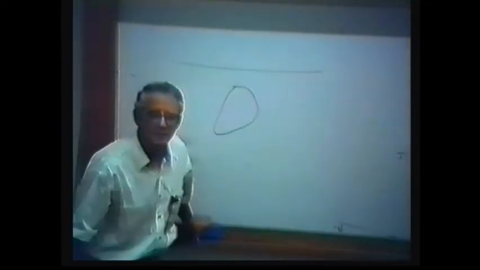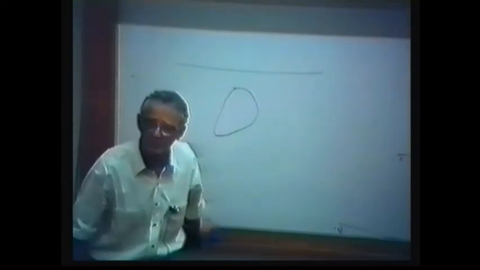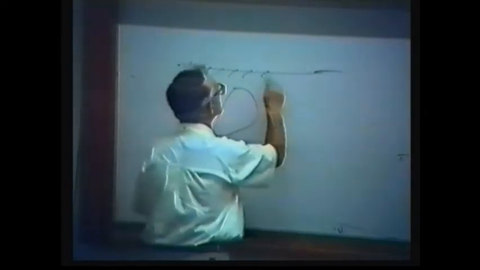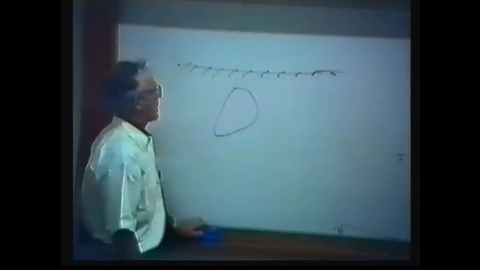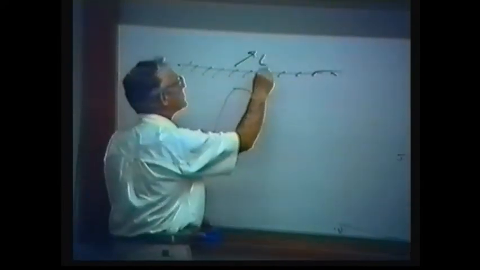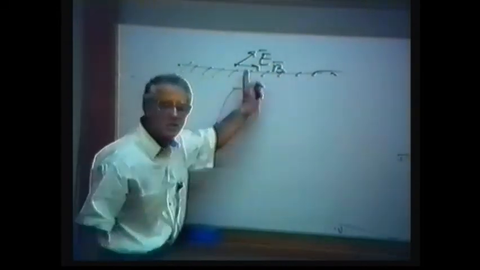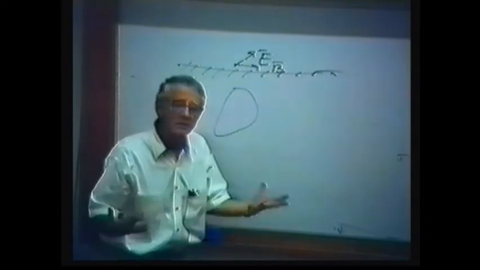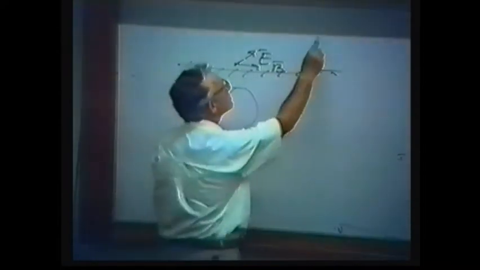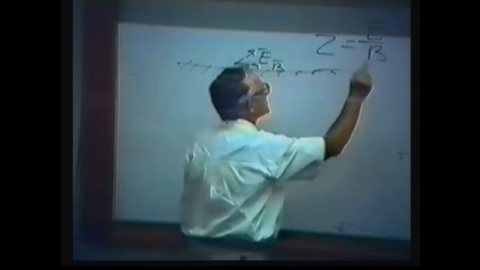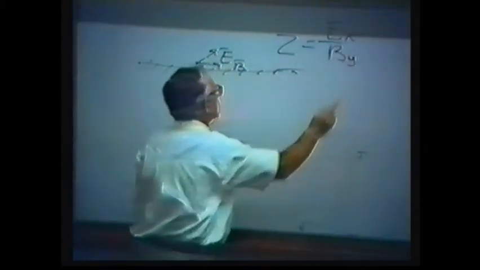We have a method, magnetotelluric soundings. We measure the electrical field and the magnetic field and take the ratio between them. That's called impedance, E over B, Ex over By.